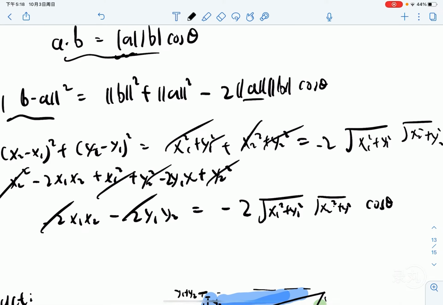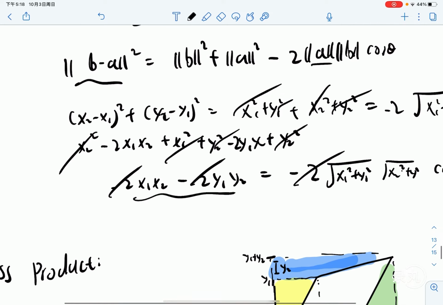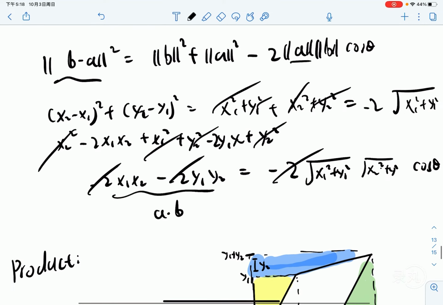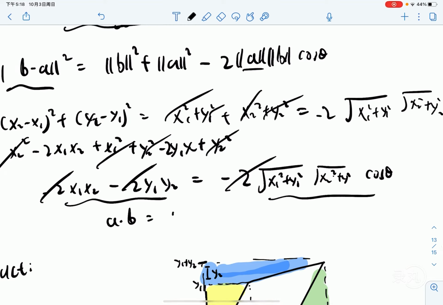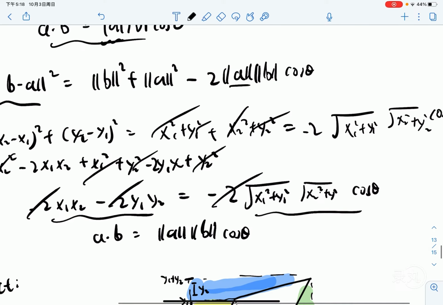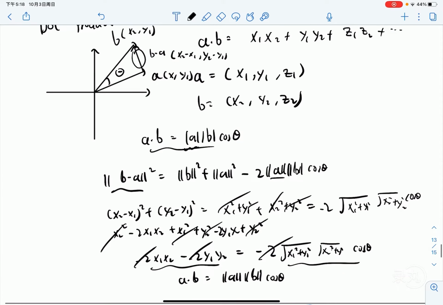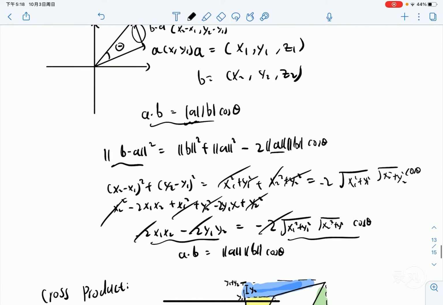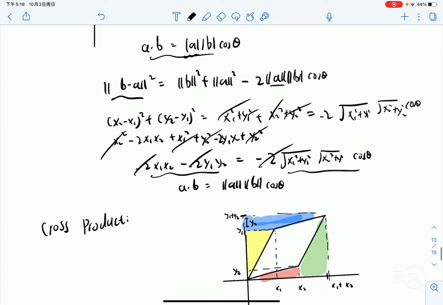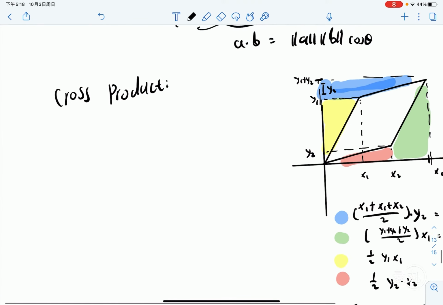So cancel out the minus 2. We have this is going to be the dot product of A and B, and this is going to be the magnitude of A times the magnitude of B, cosine theta. So now we proved this theorem. This is pretty nice, and I don't see the normal textbook prove this, so it's pretty nice.